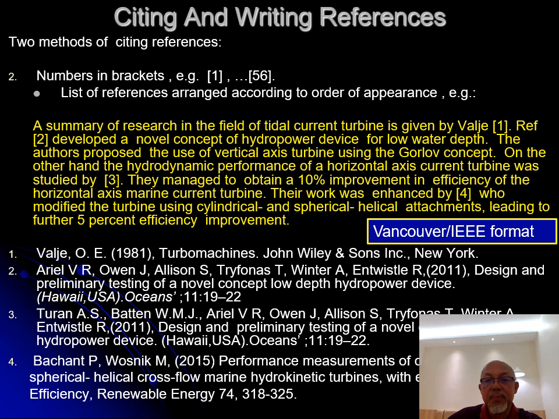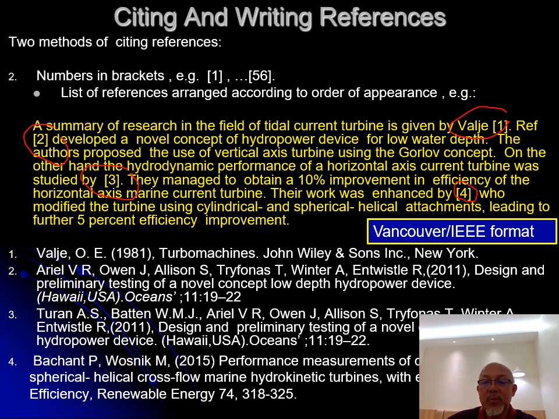The other way of citation is using numbers in brackets. When you want to cite something, you use the number in brackets. So you can write the author's name followed by bracket 1, or you don't even write the name, you just write reference 2, or studied by 3. This is the same paragraph, but citations are given in terms of numbers in brackets.